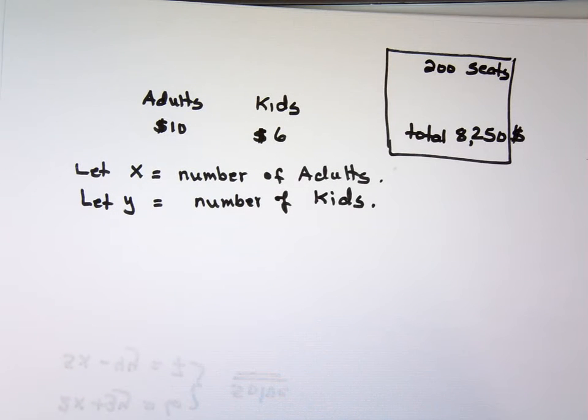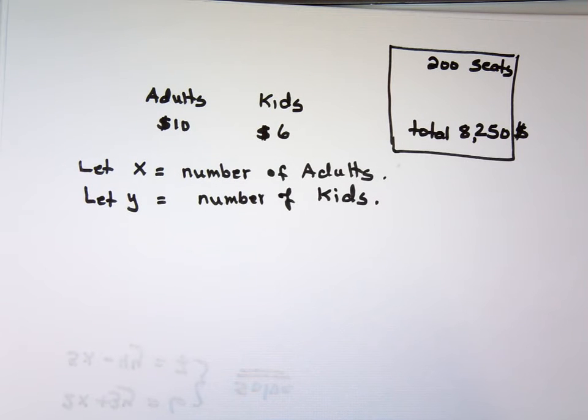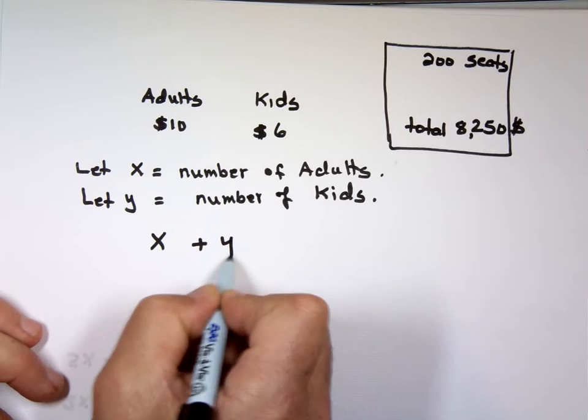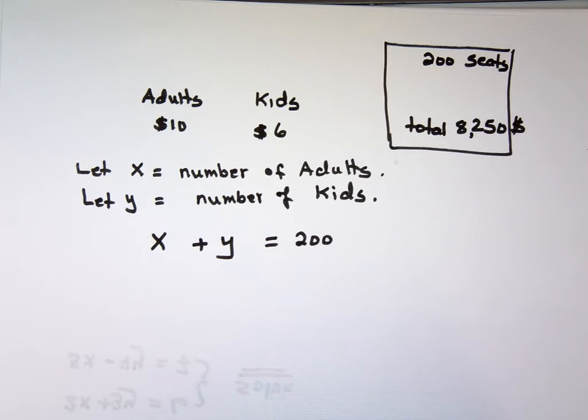I need to come up with two equations by two unknowns. The first one, I'm going to deal with how many seats were sold. If I take all the number of adults that went there and all the number of kids that went there, you add them together, that number should equal what? 200. So that's my first equation. X plus Y equals 200 seats were taken.